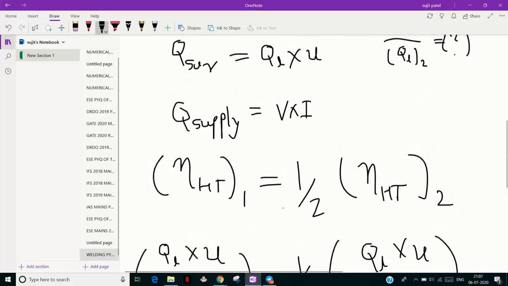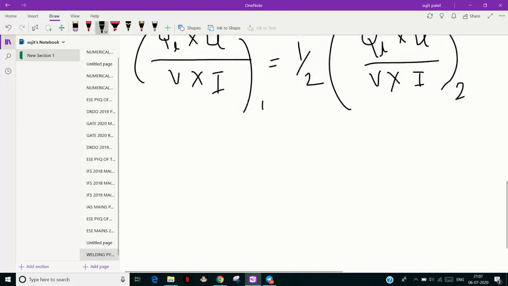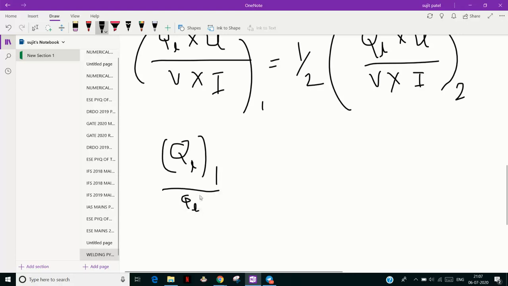And we know the relation; this is what they have given. So the heat transfer per unit length for the first coupon upon that for the second coupon, which we have to find, is equal to half of the voltage of the first coupon.